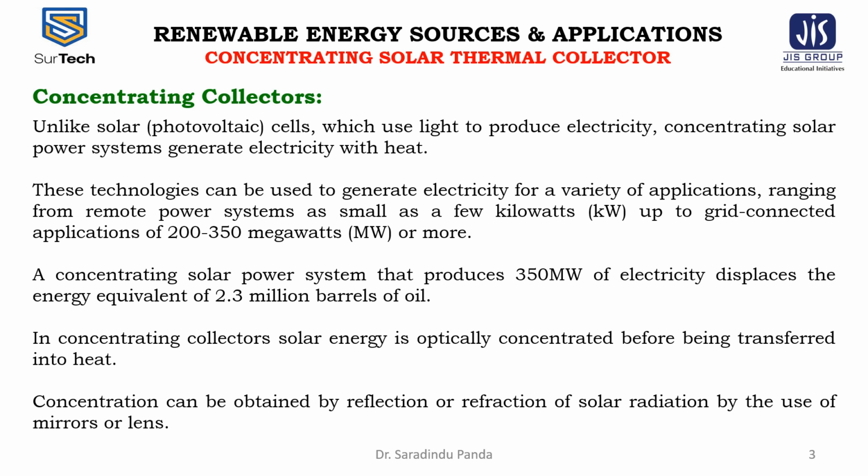A concentrating solar power system that produces 350 megawatt of electricity displaces the energy equivalent of 2.3 million barrels of oil. Many designs have been considered for concentrating collectors.